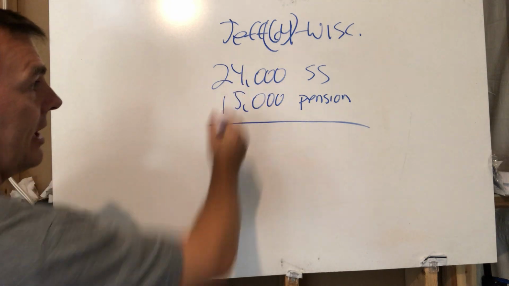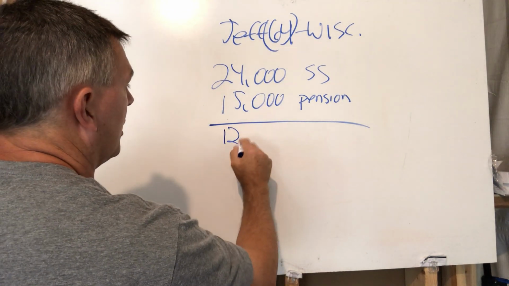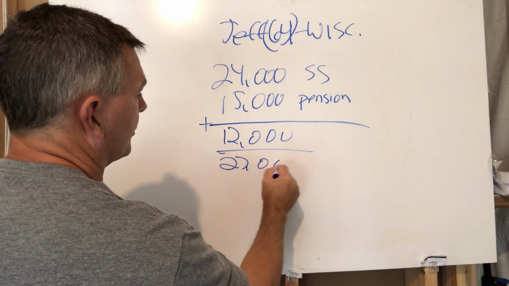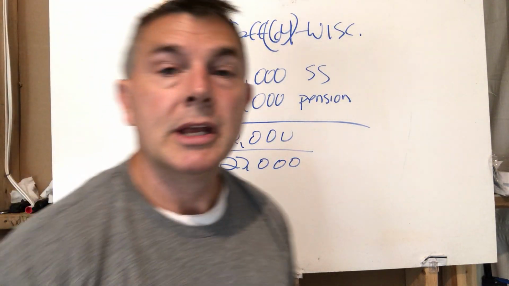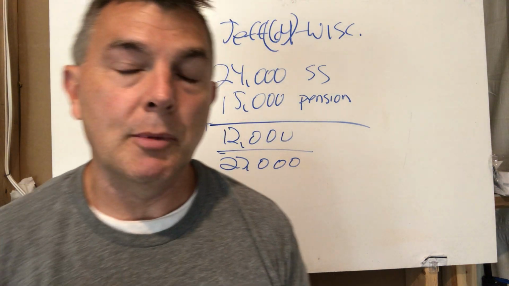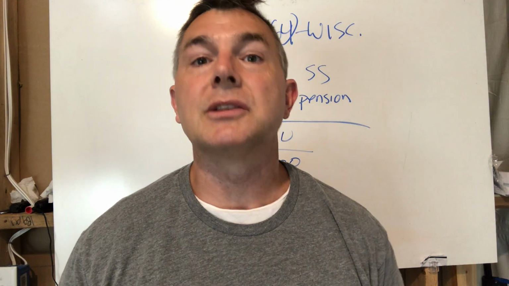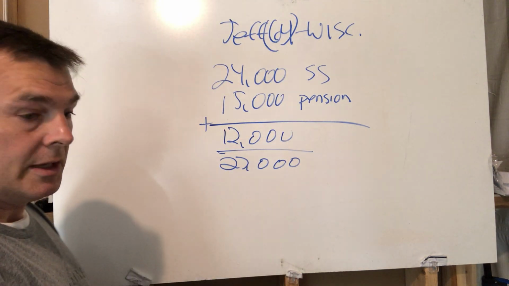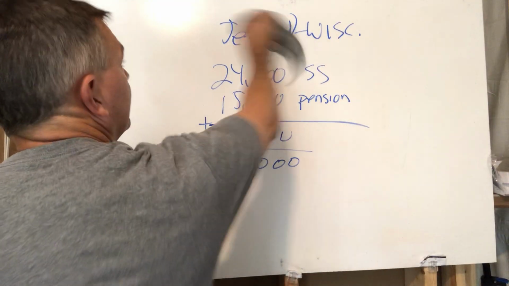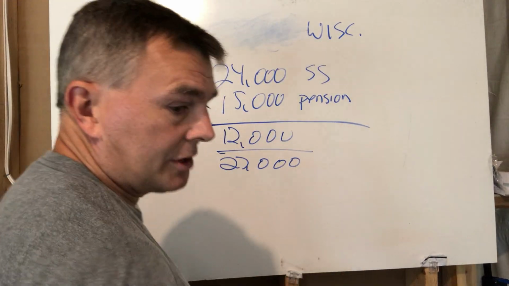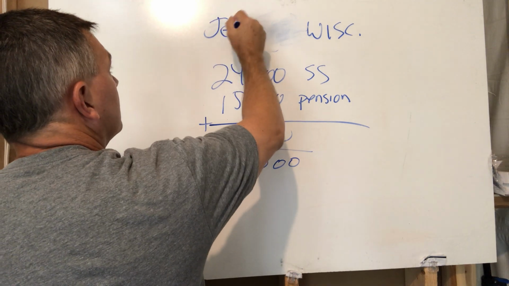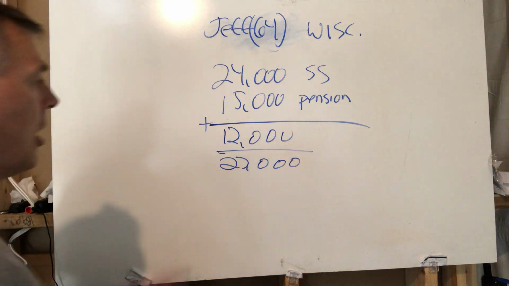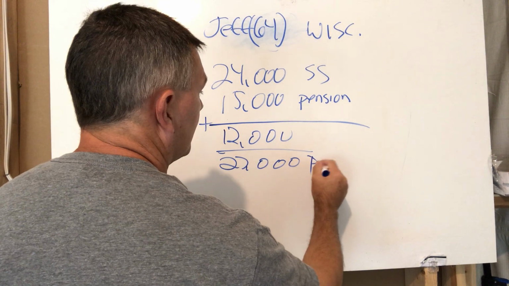We take half of Social Security, which is $12,000, plus the $15,000 pension, so that's $27,000. We're trying to gauge how much of his Social Security is subject to taxation via provisional income. He's single, 64, and lives in the great state of Wisconsin. So he has $27,000 of provisional income.